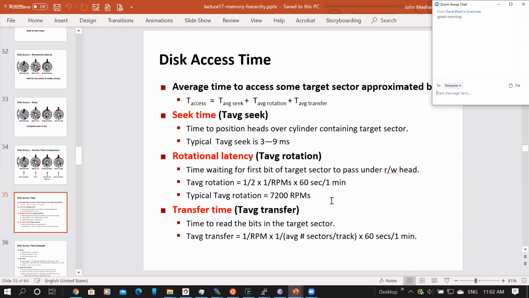And then the transfer time is going to depend on how many sectors per track there are. Of course, the sectors per track varies depending upon which recording area it's in, so that's a little bit of a fuzzy thing there, too.